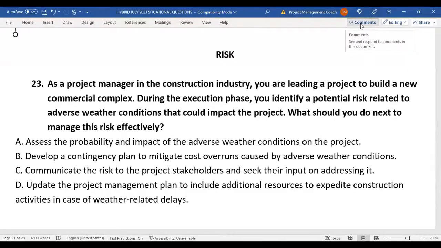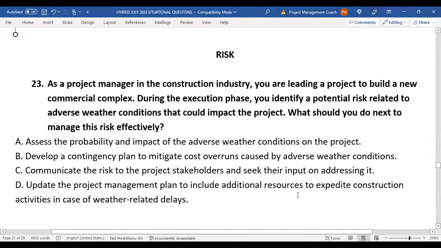The language is always different in these, and this one reads, as a project manager in the construction industry, you are leading a project to build a new commercial complex. During the execution phase, you identify a potential risk related to adverse weather conditions that could impact the project. What should you do next to manage this risk effectively? I'll give you some time to think about it.